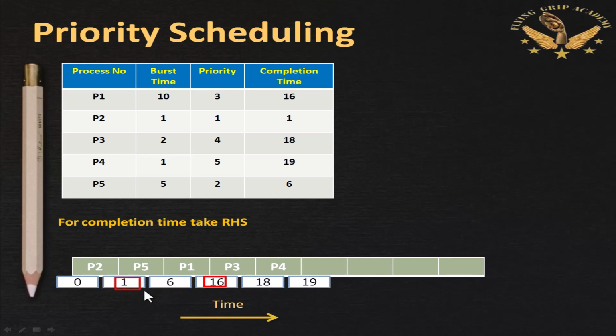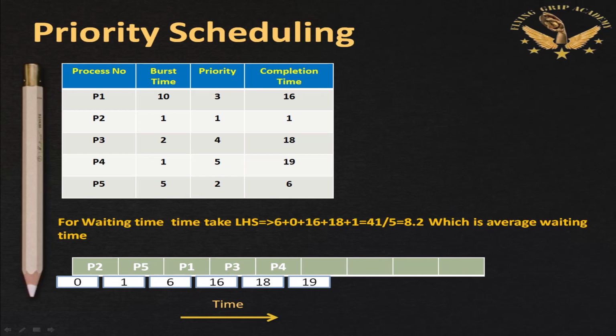Next P3 has completed at 18. Next P4 has completed at 19. At last P5 has completed at 6. Like that we execute the priority scheduling algorithm. Here the total is 8.2.